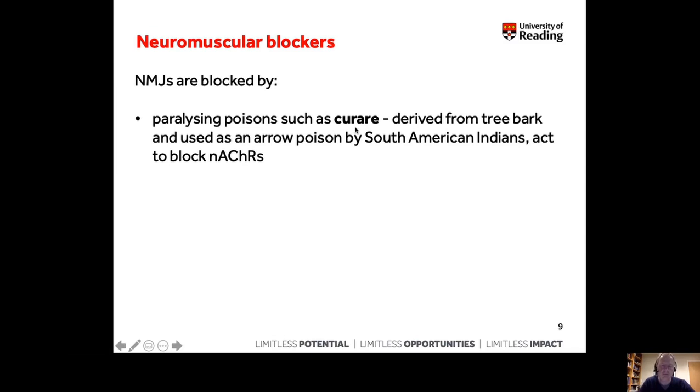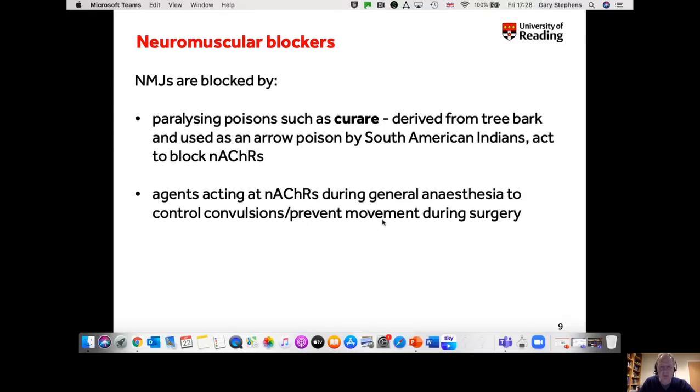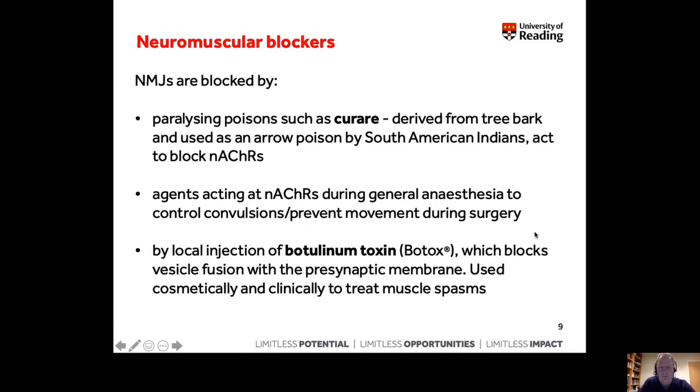Tubocurarine is a compound based on our knowledge of curare. We use it in general anesthesia and surgery. So knowing a little bit about the neuromuscular junction and a little bit about pharmacology, we can have these important agents.